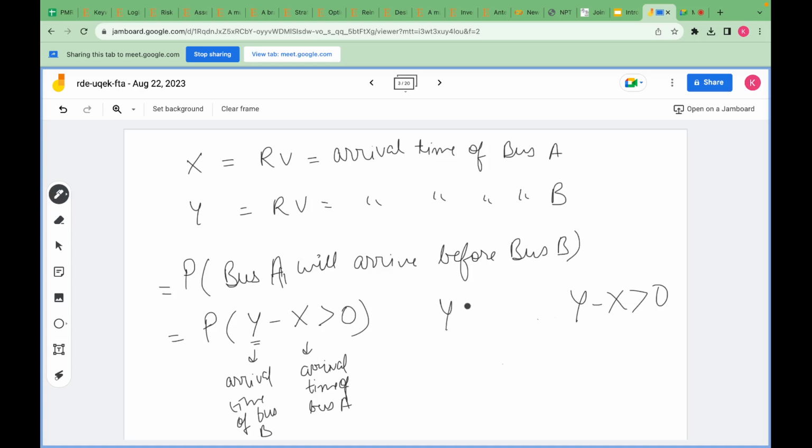This y is greater than x, so y minus x should be greater than 0, and we need to find the probability associated with this, where y and x are random variables whose probability density function is given to us.